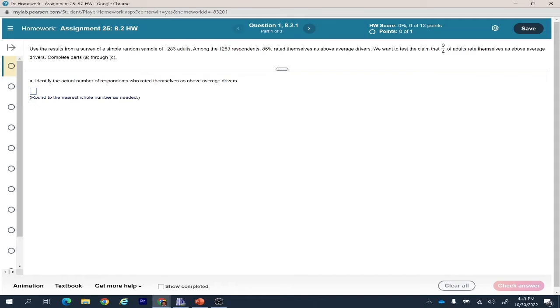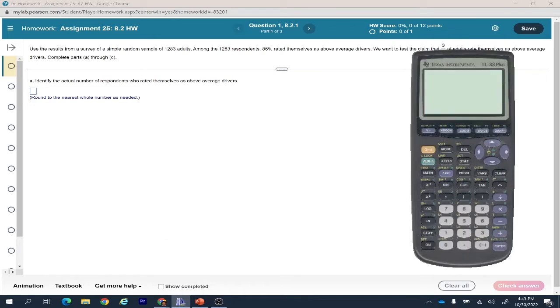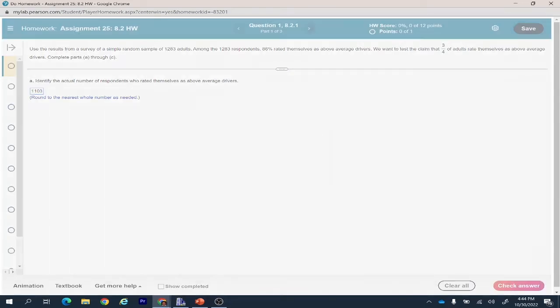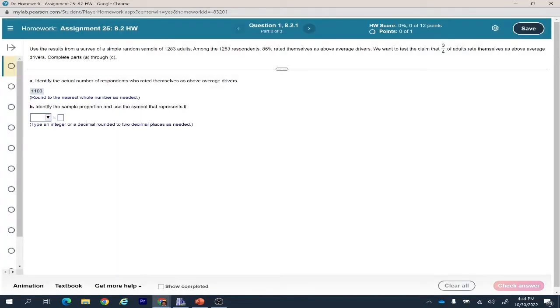Out of 1,283, 86% rated above average, so we find 0.86 times 1,283. Rounded to the nearest whole number, this is 1103. So 1103 out of 1283 rated themselves above the average driver.